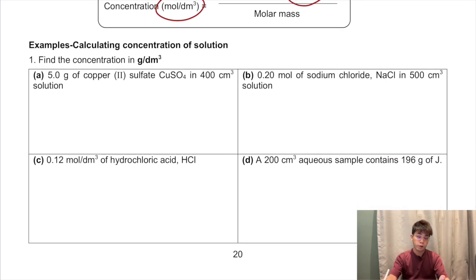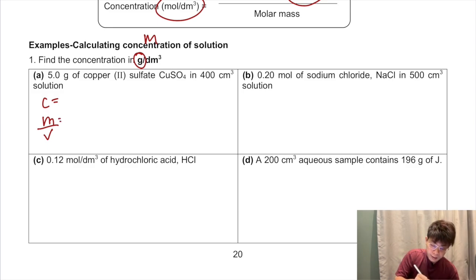I'm going to calculate the concentration in grams per dm cube. Grams is mass, so I'm going to remember CMV, because mass. So C equals M over V. Let me write what I see now. I want to find concentration, so I put a question mark at C. I'm given 5 grams of copper, and I'm given 400 cm cube. Remember, convert cm cube directly to dm cube, so it's 400 divided by 1000.